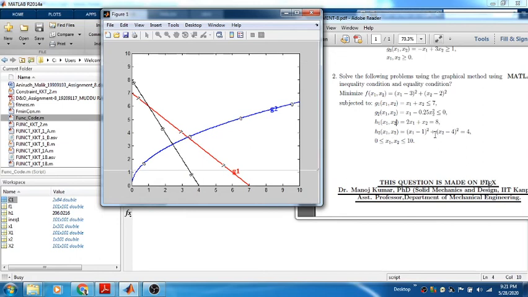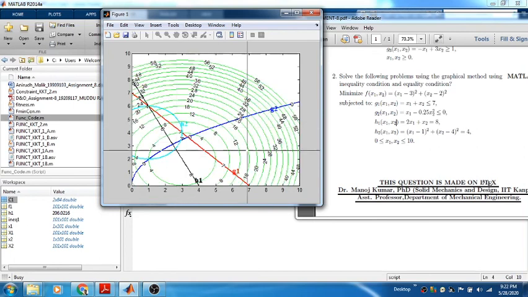The next will be this. This is your H1. The next will be this, right? This is your H2. I can keep the name H2 here. Yes, this is the function, you can see it here. So where will the minimum be?